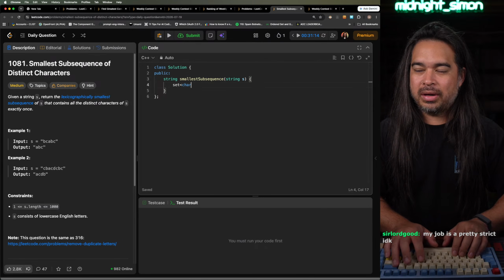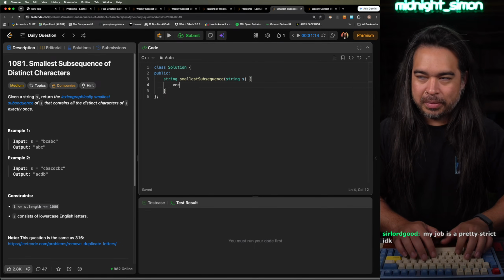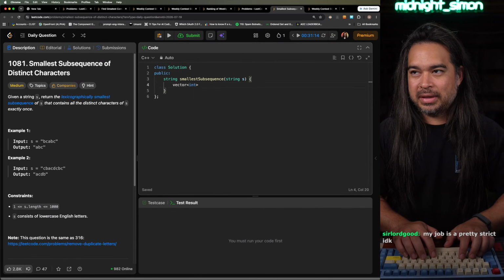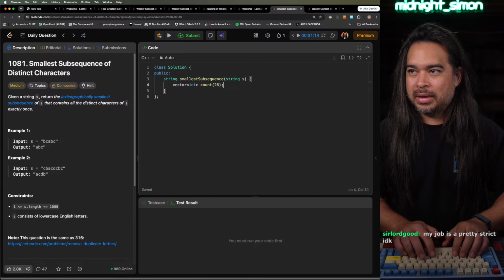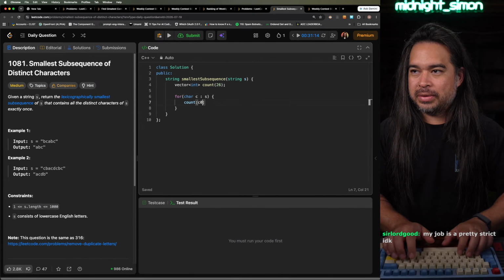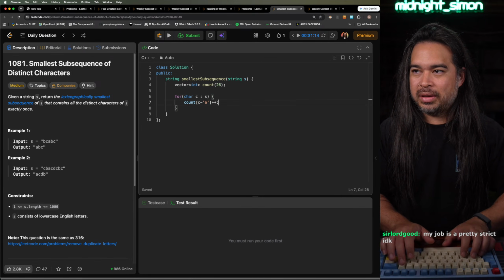Either I could, alright, I could do it another way. I could use a vector of int of size 26 where each index represents A through Z. And then I iterate over the characters, and then I say count of C minus A, increment the count.